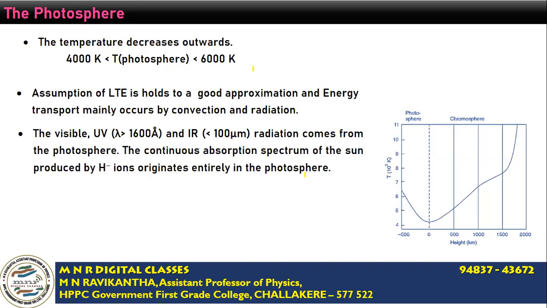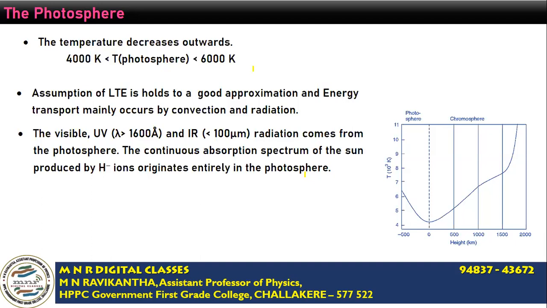It is now believed that most of the Fraunhofer lines also originate in the photosphere only. Previously, it was believed that these lines originated from the lower part of the chromosphere, which has therefore been given the name the reversing layer, which means most of the reversed lines, that is absorption lines of the solar spectrum, originate in this layer.